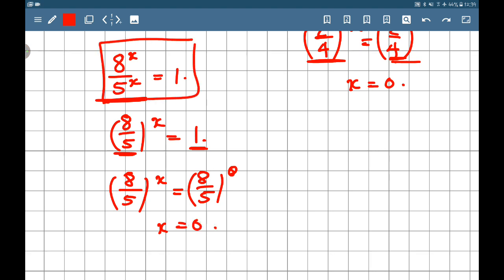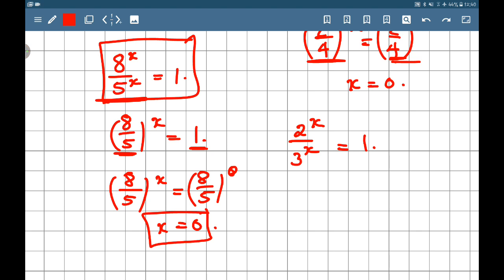When they give you these questions, you're going to get the answer x equals 0. But the examiner is not interested in the answer. The examiner will be interested in how you get the 0. So will x always be equal to 0 in this kind of question? Even if you have 2 to the power x over 3 to the power x is equal to 1, the answer is obviously going to be 0.